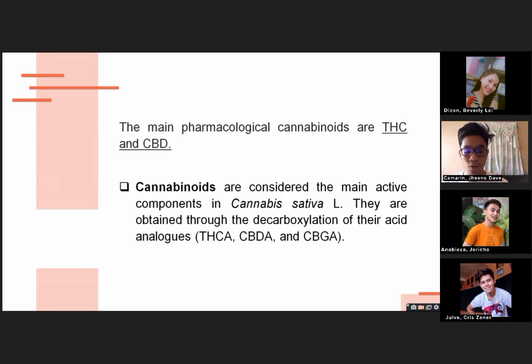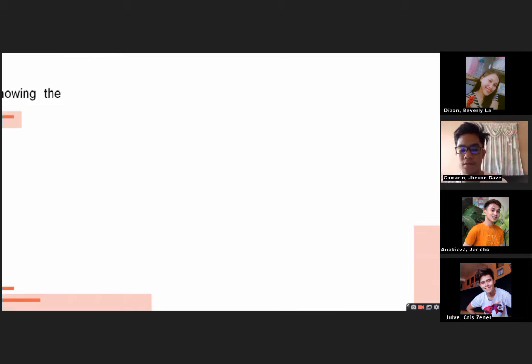The major active components of Cannabis sativa are cannabinoids. They are produced via decarboxylation of their acid equivalents.